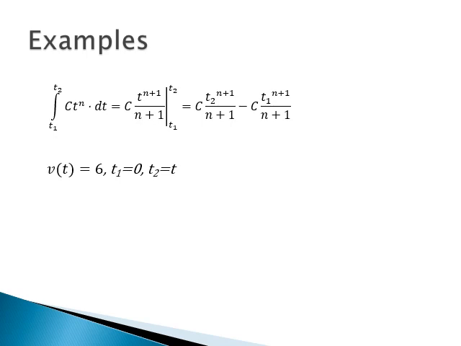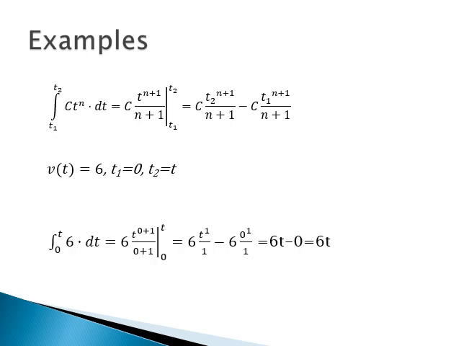Here's your first example. Calculate the displacement if the velocity function is just 6, a constant 6, and the time interval is from 0 to time t. Go ahead and stop the video now, and then once you have an answer, start it back up again.